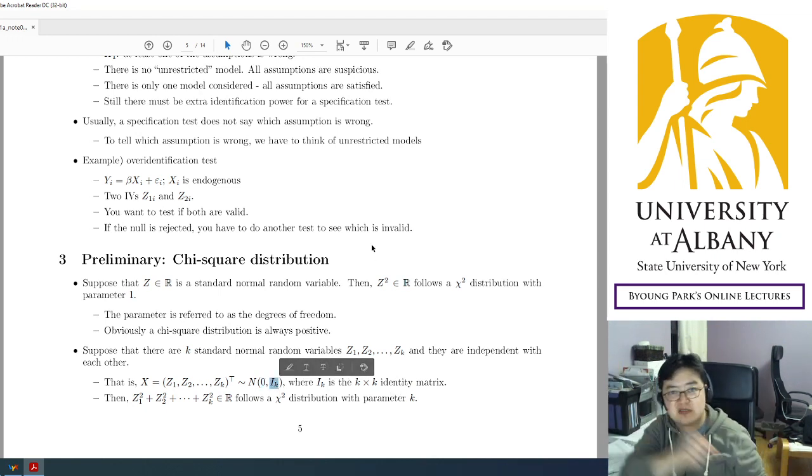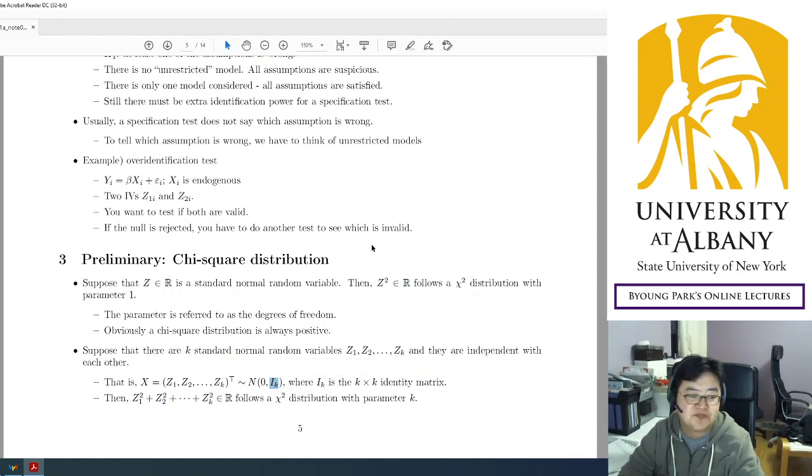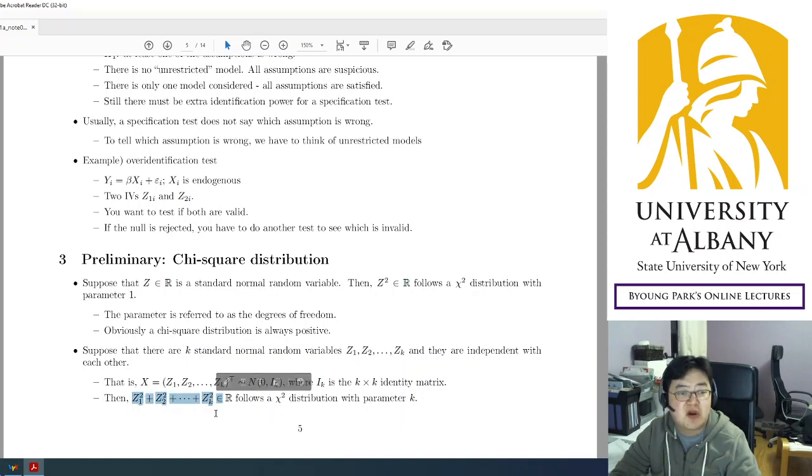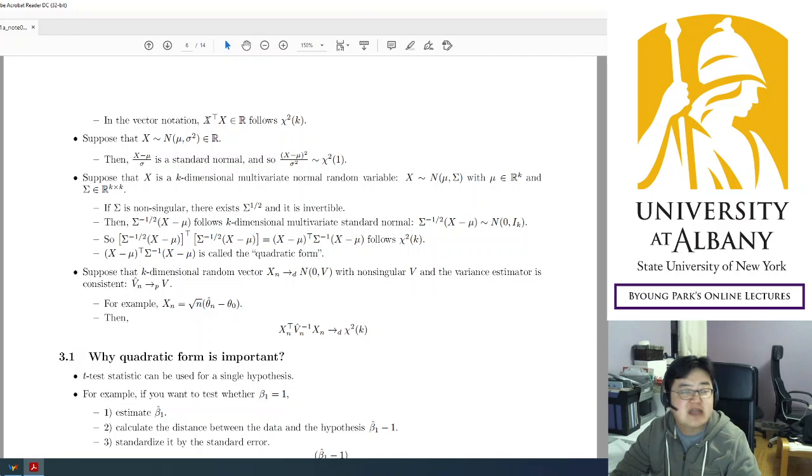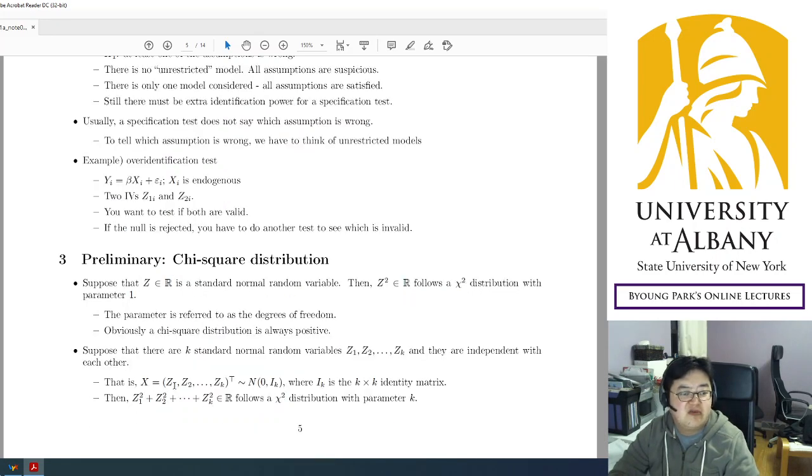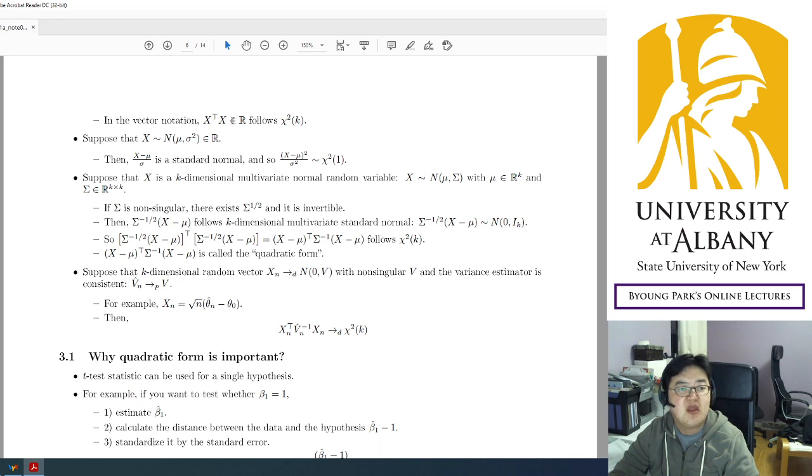So the diagonals are 1 and the off diagonals are zeros. And then this sum of squares can be written as x prime x in the vector notation. X prime x is the sum of squares. And then simply in the vector notation, x prime x follows chi-square k. K is the degrees of freedom, right? So we just defined chi-square simply using standard normal distributions.